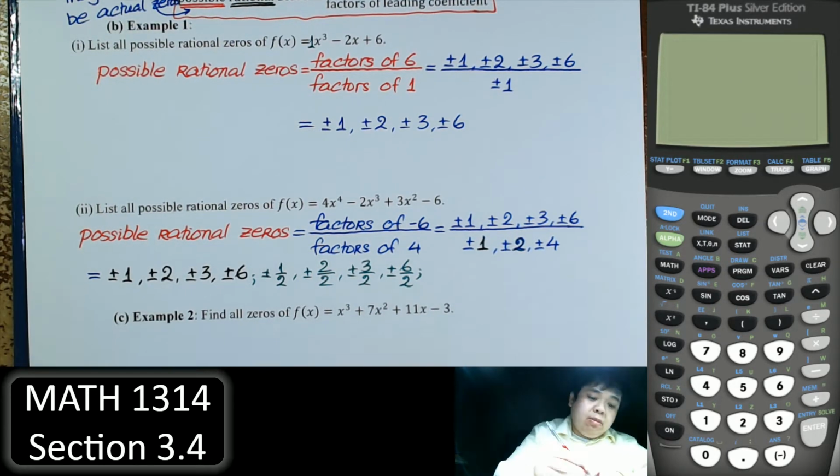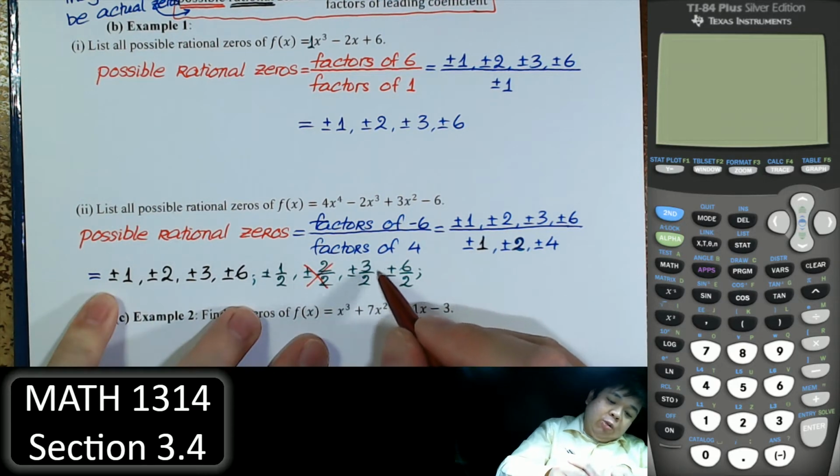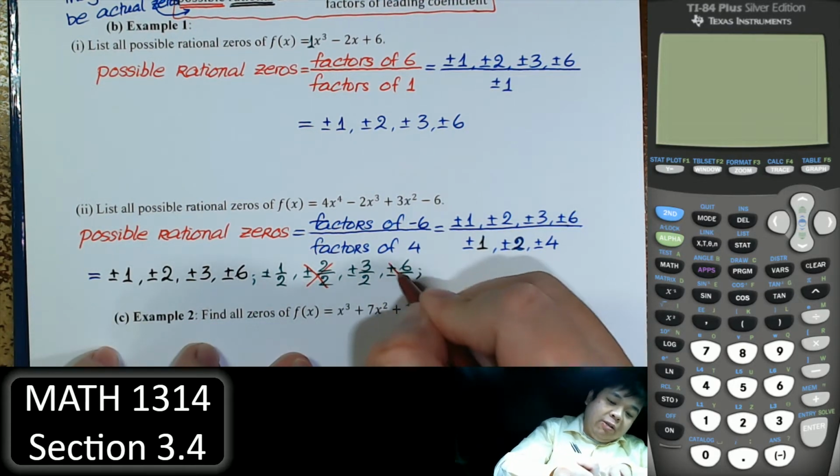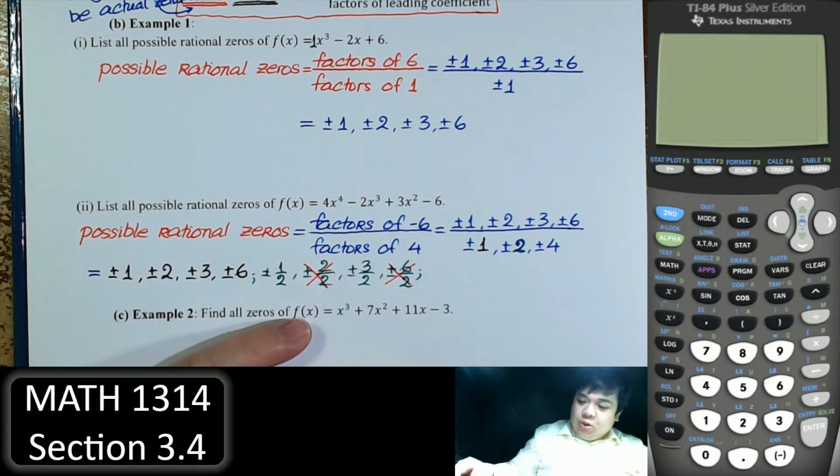However, 2 over 2 is 1, we already have that. 6 over 2 is 3, we already have that. So just 1/2 and 3/2 here: plus or minus 1/2, plus or minus 3/2.